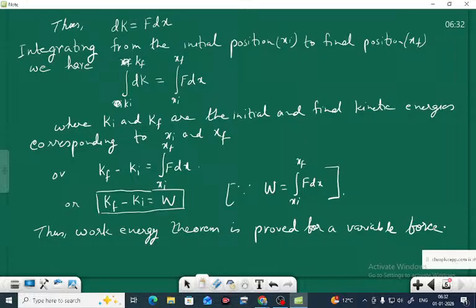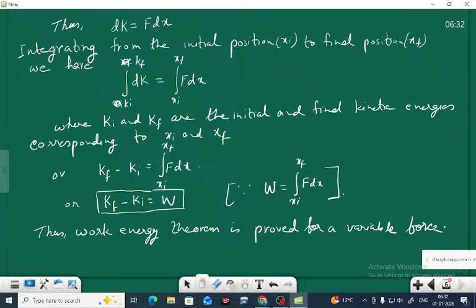Newton's second law is a relation between acceleration and force at any instant of time. The work energy theorem involves an integral over an interval of time. In this sense, the temporal information contained in the statement of Newton's second law is integrated over and is not available explicitly.